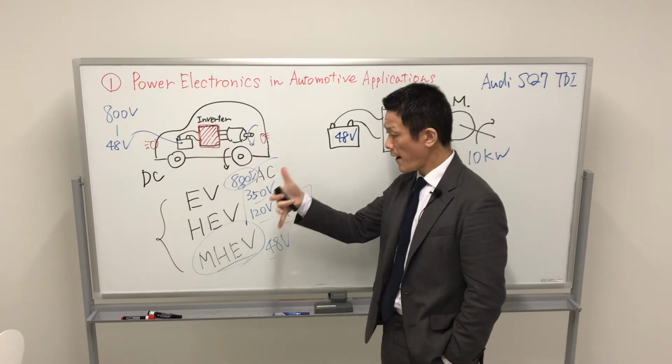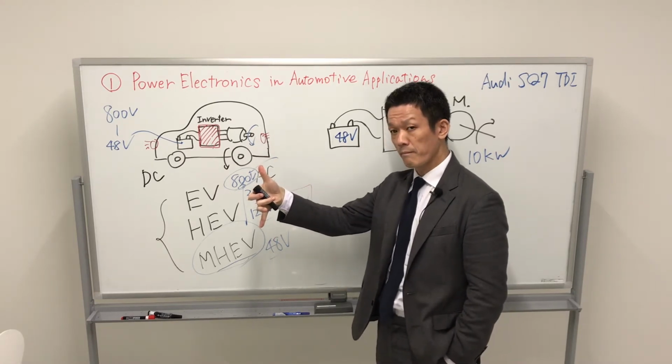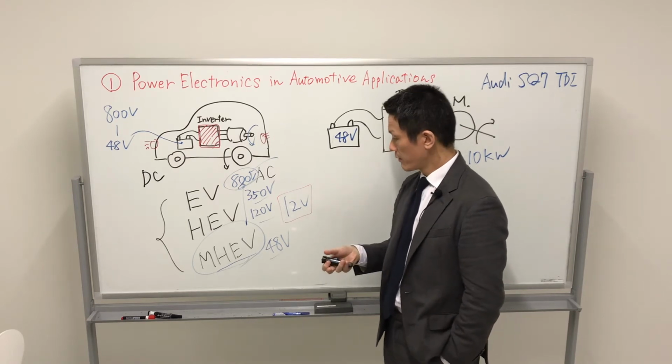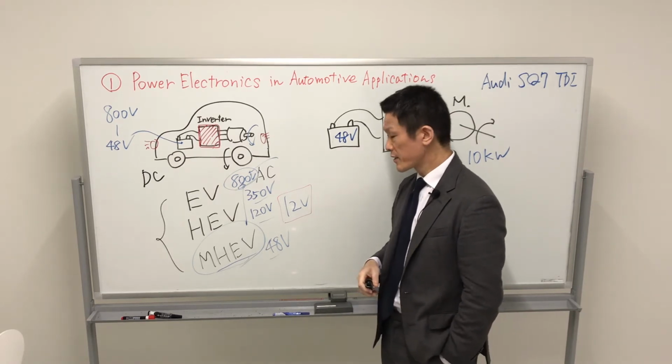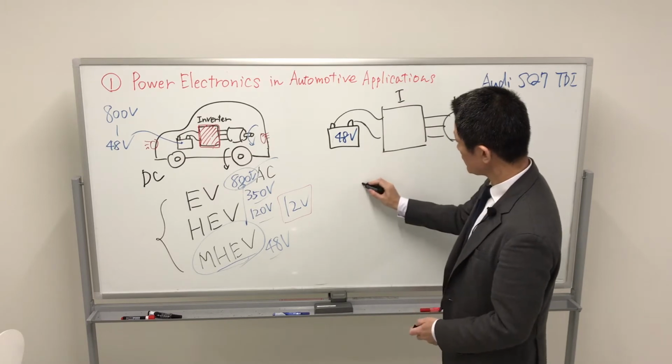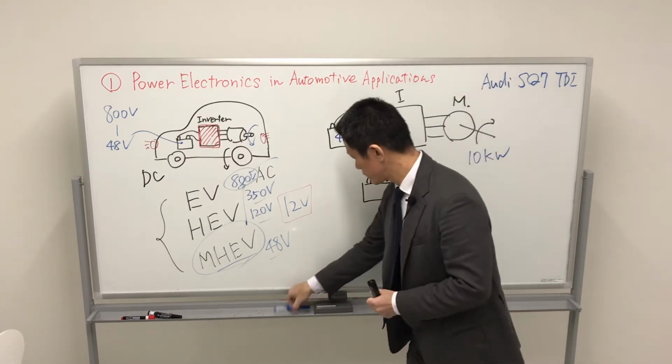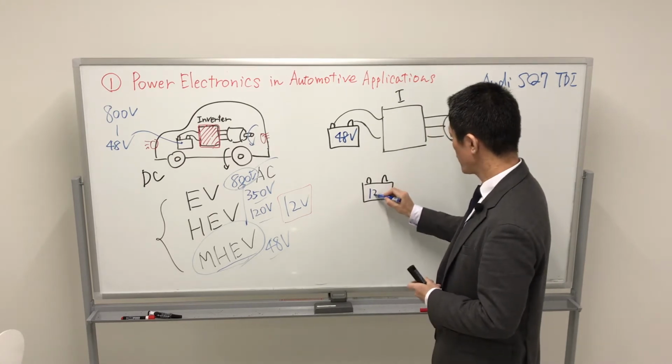One is the higher voltage battery, and the other one is this lead acid battery, 12 volt.